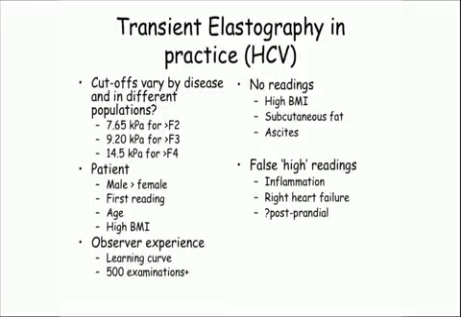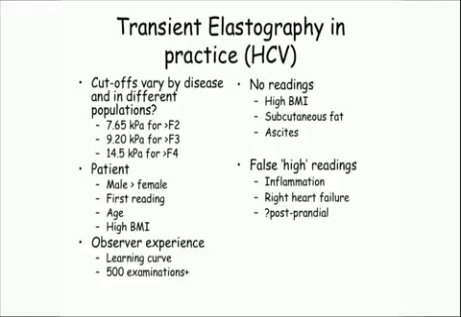There is observer experience and a learning curve, and it's thought that you need to do at least 500 examinations before you become proficient at using a FibroScanner. I don't think you need it to be that high, to be honest. People with high BMIs, subcutaneous fat, and ascites, clearly they won't be able to get readings from.